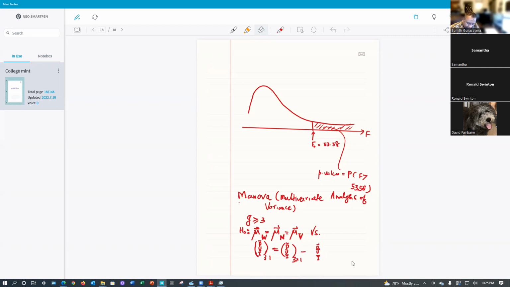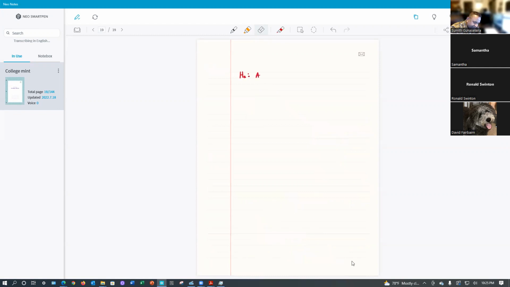This one equals D bar, U bar, and I bar, 3 by 1. For that group 3 by 1. See whether they are equal to each other. That's what we are trying to test, versus its counterpart, which should be what? HA: at least 2 of them are different.